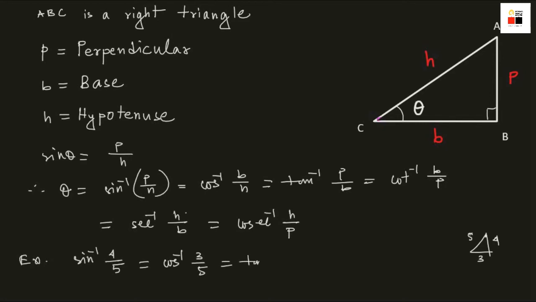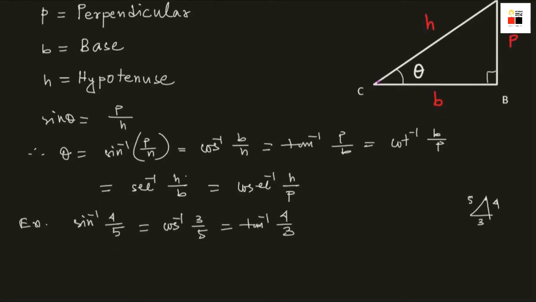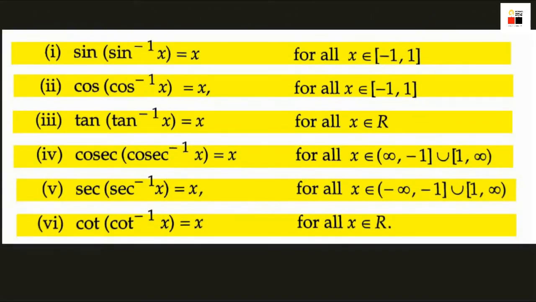This is equal to tan inverse 4 by 3 and so on. Now, we write some properties. Sin of sin inverse x equals x. Cos of cos inverse x equals x. Tan of tan inverse x equals x and so on. For this, remember the sets where x belongs to.